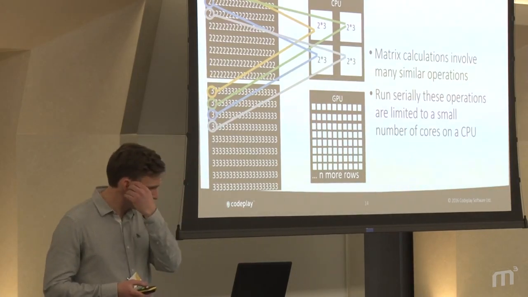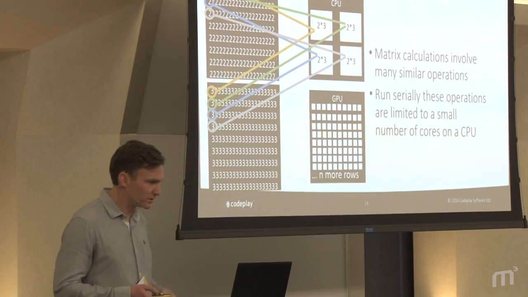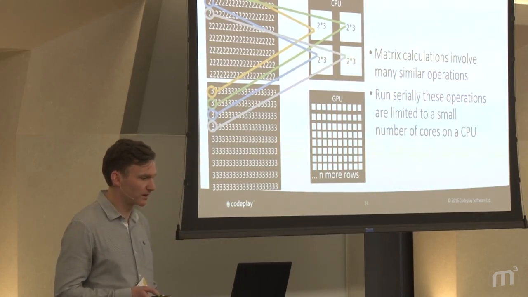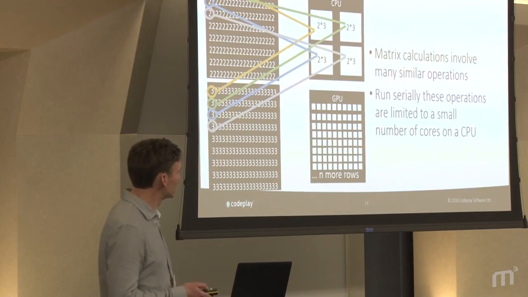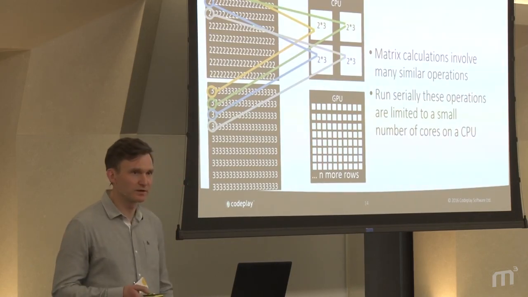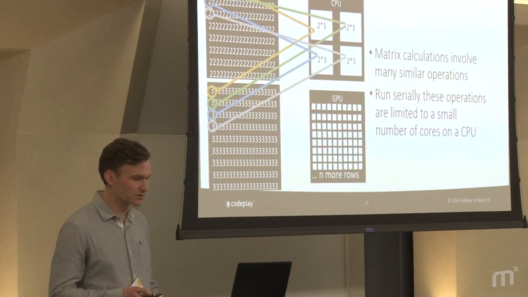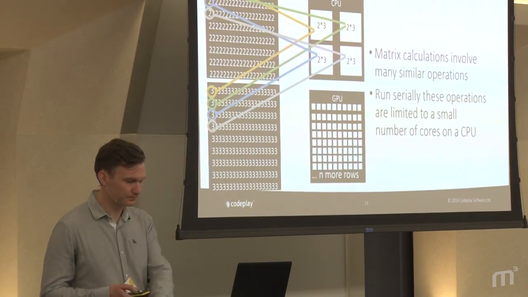So from a practical point of view, what that means is that if you've got two large matrices and you're using a CPU, you can only pass in, in this case, 4 operations at one time in order to process the whole lot. To run serially, these operations are obviously quite limited in the sort of bandwidth that you can put them through.